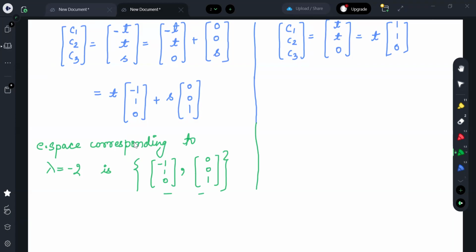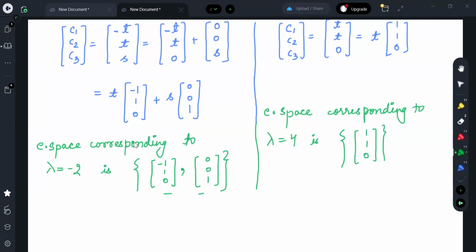Similarly, eigenspace corresponding to eigenvalue lambda equals 4 is just the vector 1, 1, 0. And you can also get one step ahead.